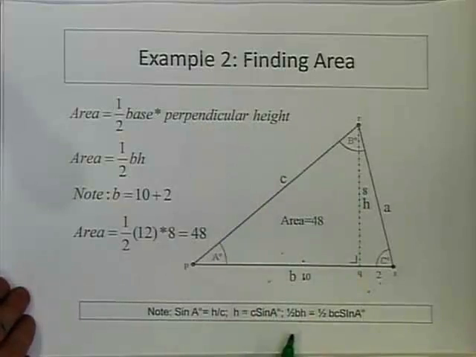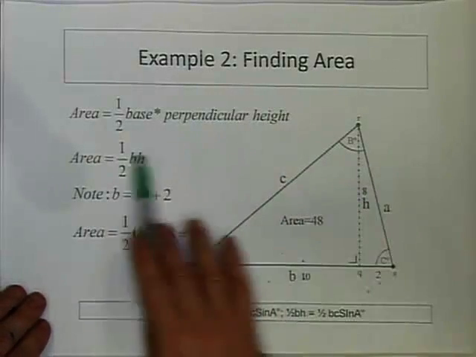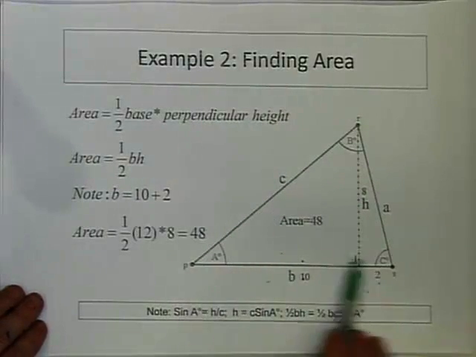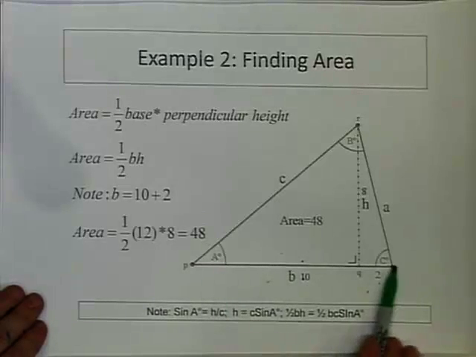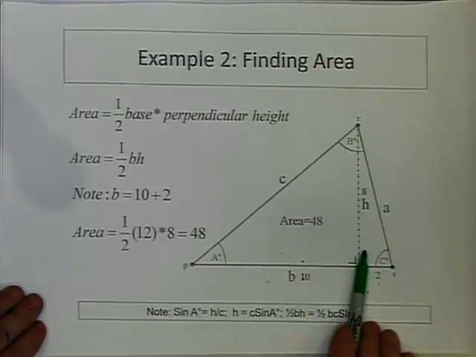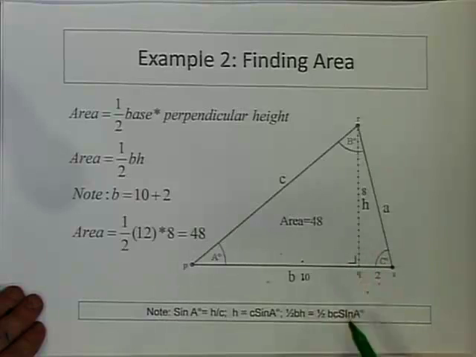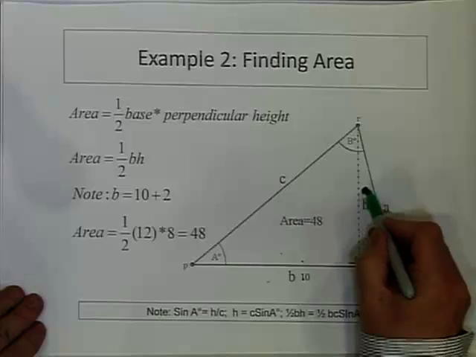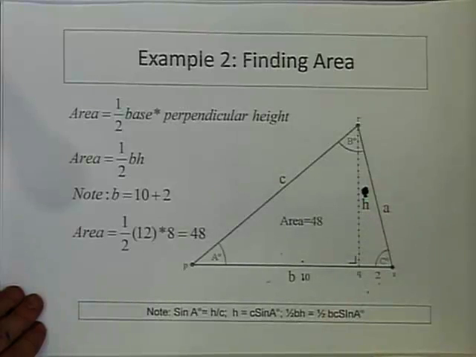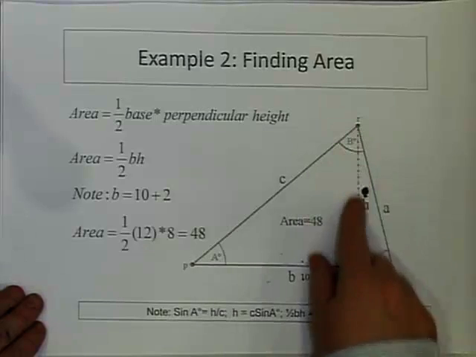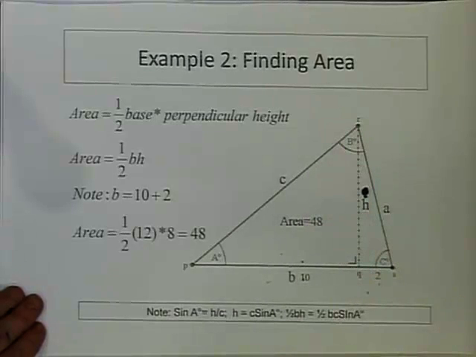Now, could I have found the area another way? Well, half the base by the perpendicular height. What's the base? 12. What's the perpendicular height, though? Imagine that I didn't know that that number there was 8. Imagine if I didn't know what the perpendicular height was.